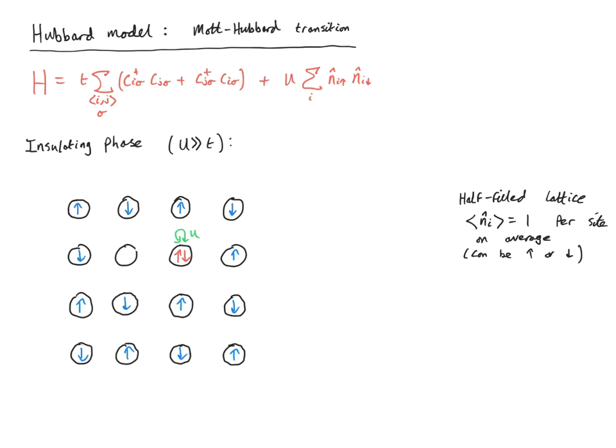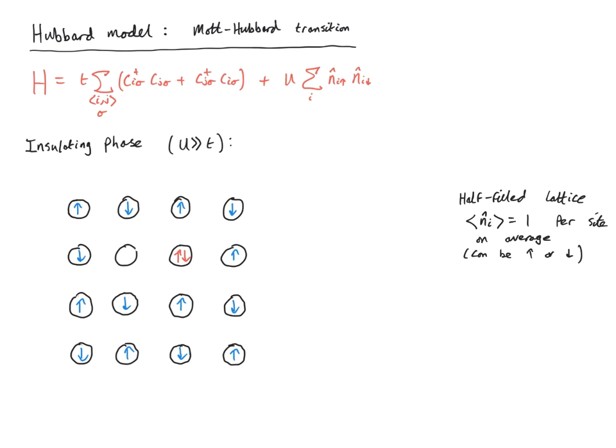So does that mean we never have such tunneling events? Well, no, of course not. This is quantum mechanics. The tunneling event can occur, but in the phase U much greater than t, it implies that this excited state has a short lifetime. The lifetime gets shorter and shorter as the excitation energy becomes larger.